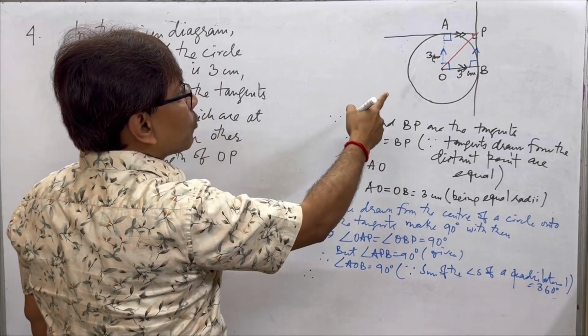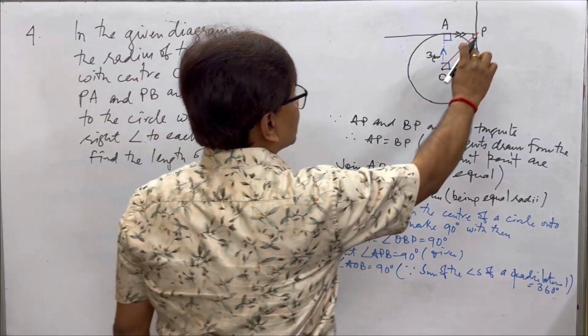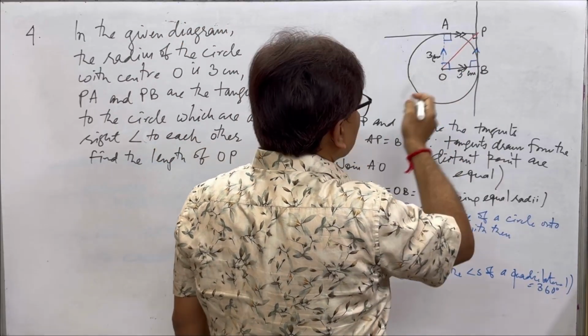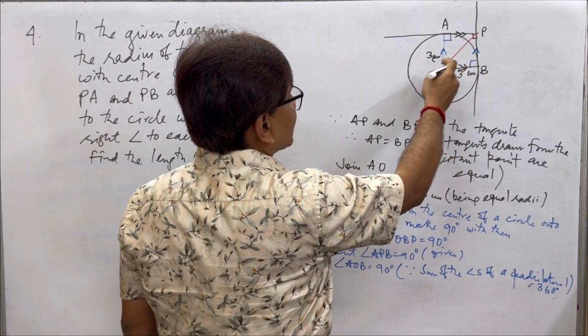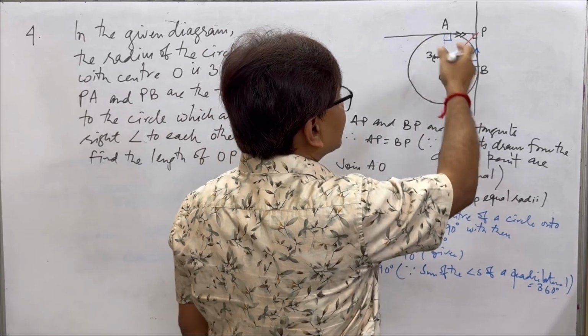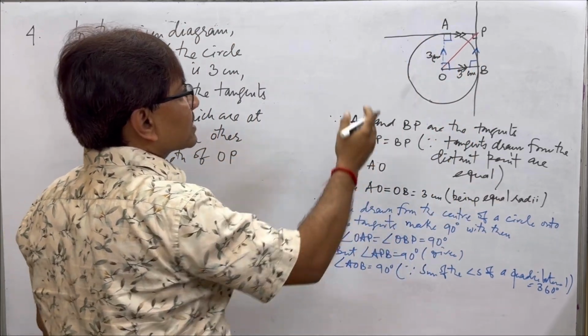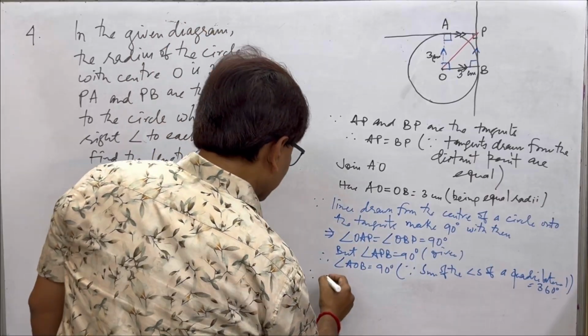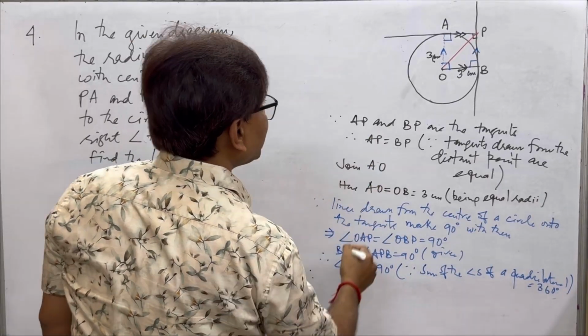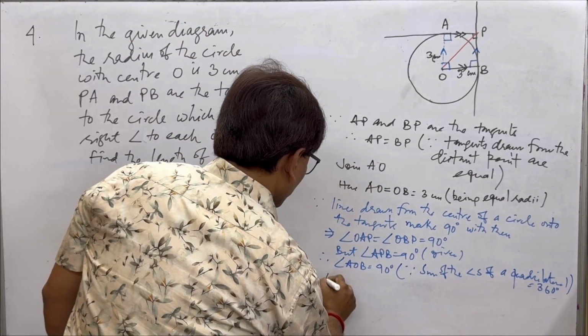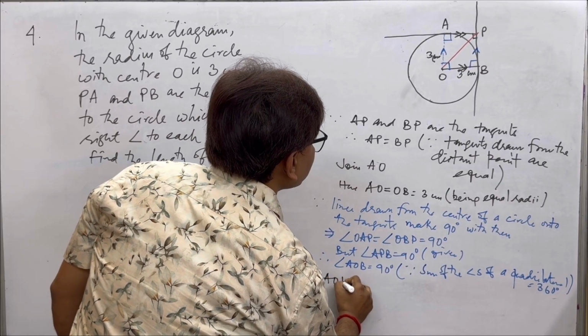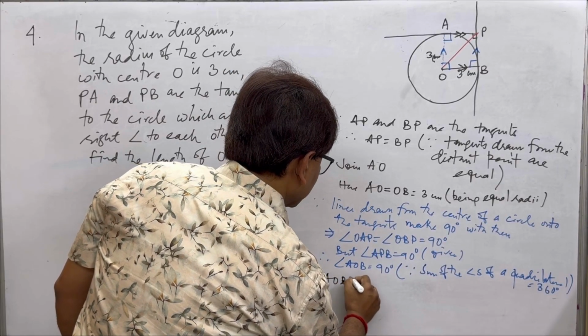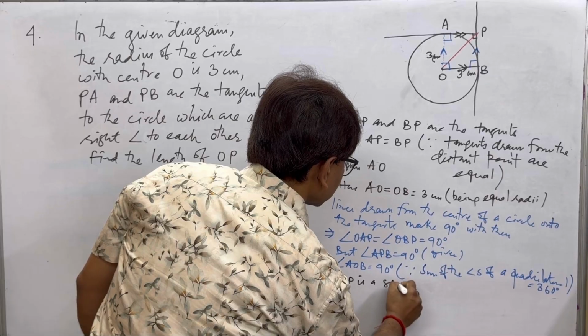Therefore AOBP is a square, because all angles are 90 degree and the opposite sides are parallel to each other. Therefore it's nothing but a square. So AOBP is a square.